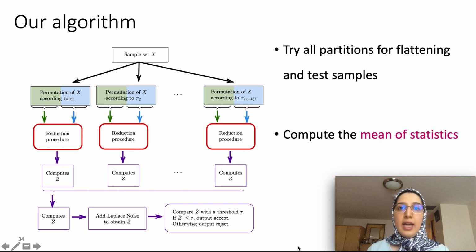We consider every partition of this union into test and flattening samples, and we compute the value of a statistic z according to this specific partition, and we compute the average over all these partitions. And now we use this average value as the value of our statistic, and then compare it with the threshold and move on, similar to the previous tester.